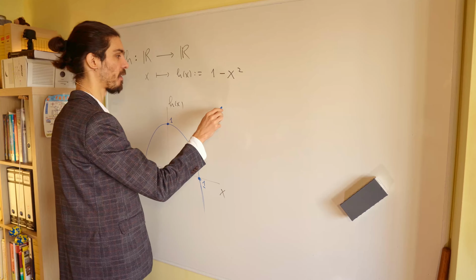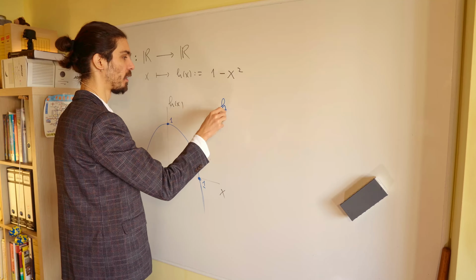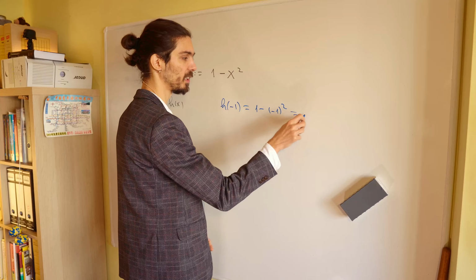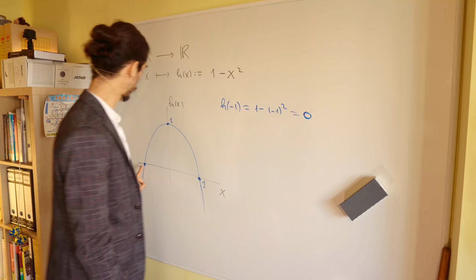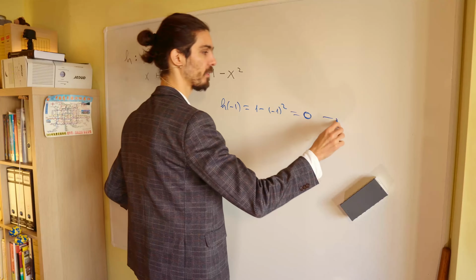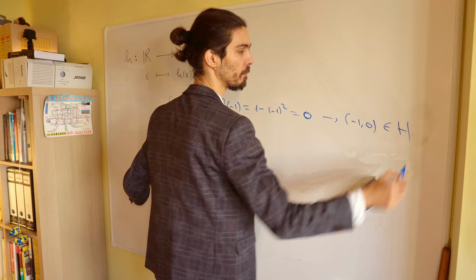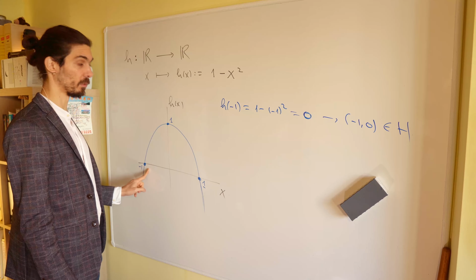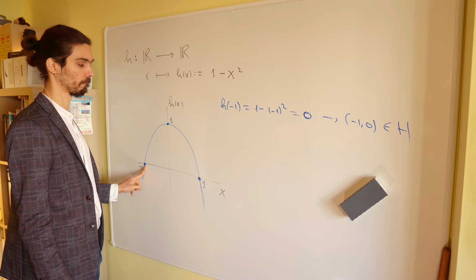Let's try to verify that. h of minus 1 is equal to 1 minus (minus 1) squared. But (minus 1) squared is 1, so it's 1 minus 1, which is 0. So it's confirmed. The point minus 1, 0 belongs to our function h, and as a result, we have this point here.